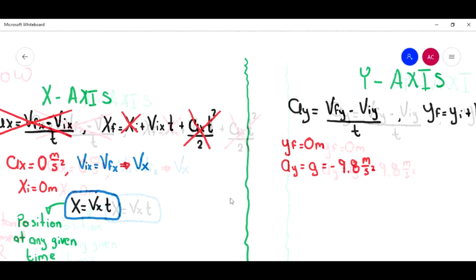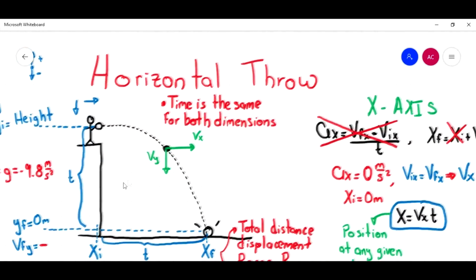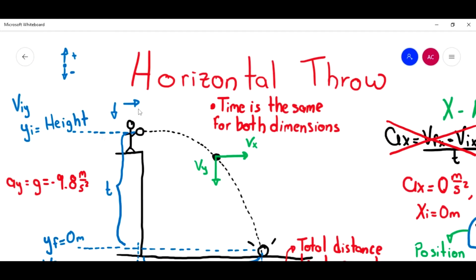If I go again to the drawing over here, this person is going to throw the object horizontally, not vertically. That means that all the velocity is going to go to the x-axis. What about the y-axis?